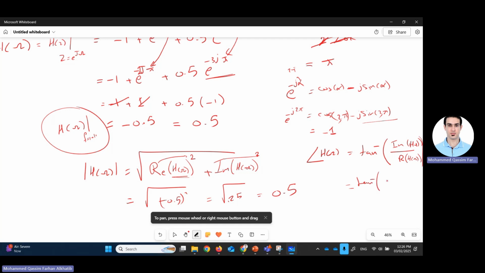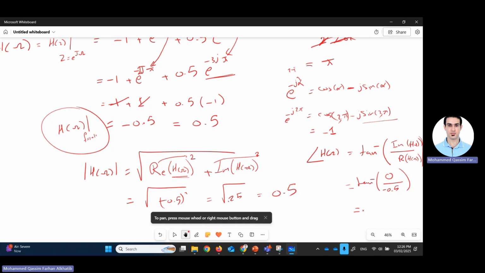Tan inverse of 0 over negative 0.5. What will be the value? 0 over negative 0.5.